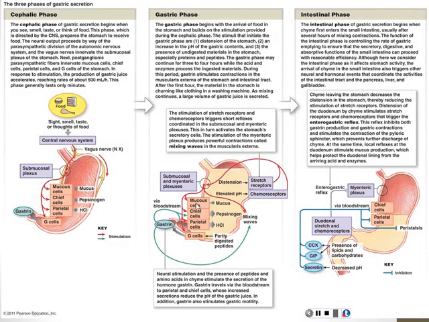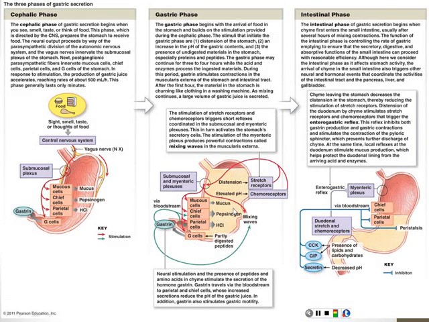Okay. So the meal is over, and the contents of the stomach have been processed. All right. So the pepsinogen, which becomes pepsin when exposed to acid, the pepsin has done its protein digestion work. The acid has done its work. The mucus has protected the lining of the stomach.